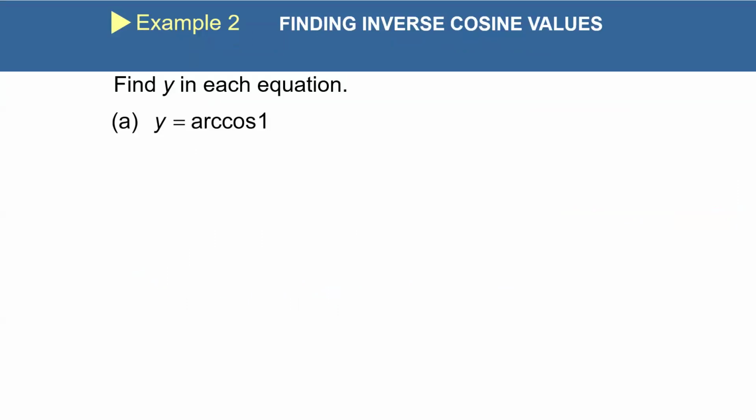So for example, starting off simple, we're asking y equals arc cosine 1. So in our heads, we're asking ourselves, for what theta does cosine theta give me 1? And the answer is 0. Okay, and we have to remember that our theta has to be between 0 and pi. Does 0 fall between 0 and pi?